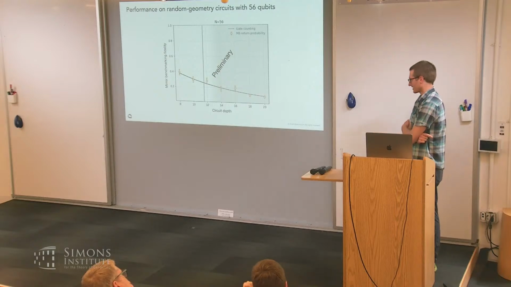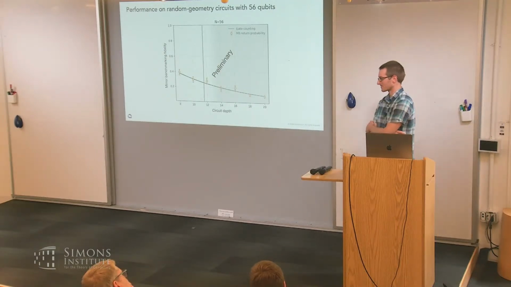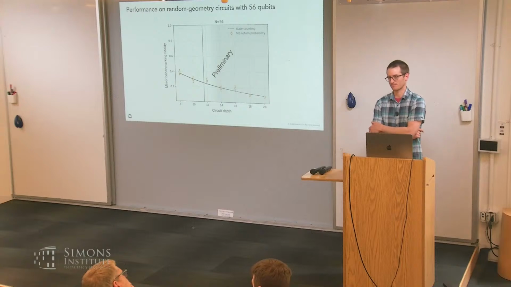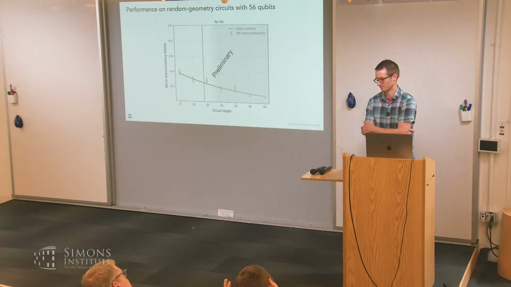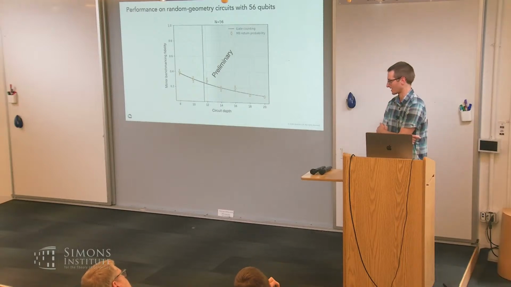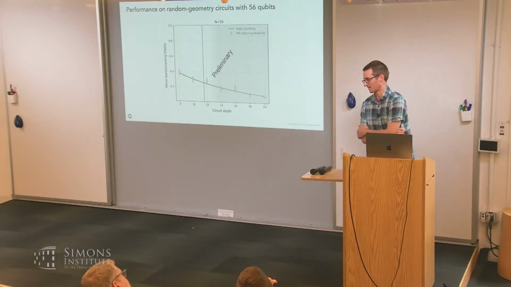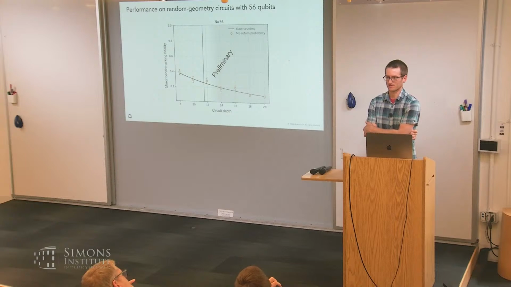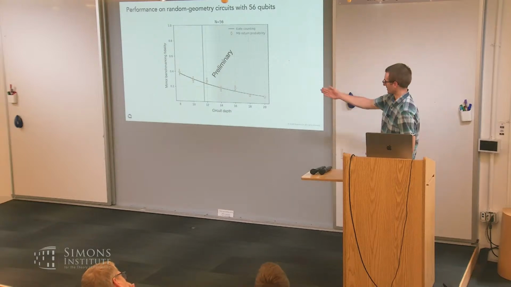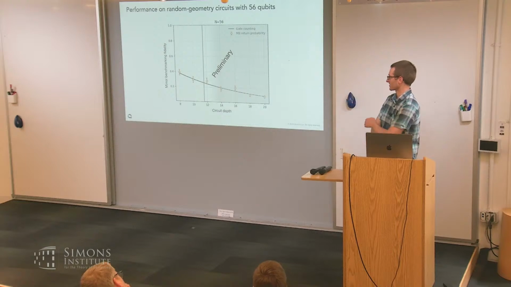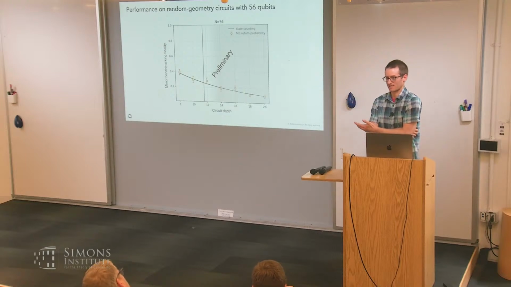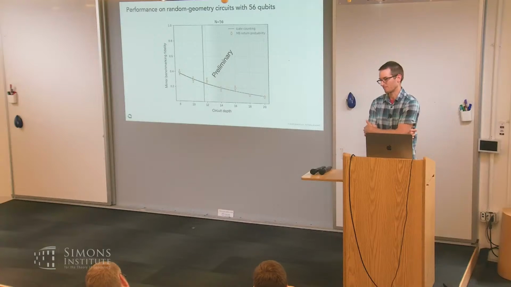So what I would say is that if you try reasonably hard to do the optimization over contraction methods or contraction trees, what you find is that by depth 12, you don't really see any improvement over the flops that you'd expect for state vector simulation. So, out to the right of this line, the reason I drew the line there is that if you wanted to simulate circuits of that depth, at least as far as I can tell, there's really nothing short of state vector simulation you could do.